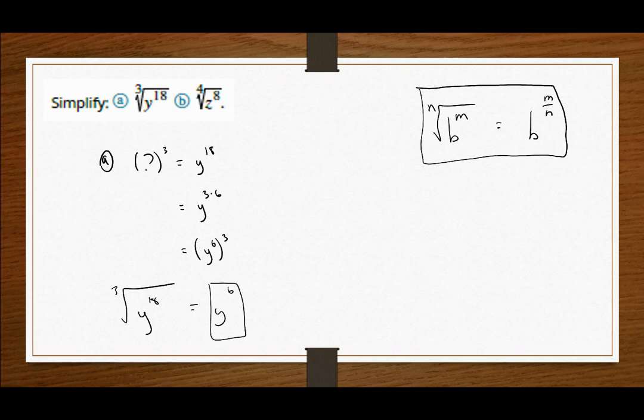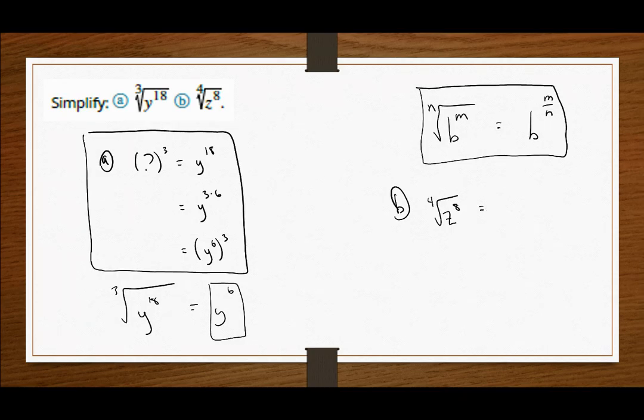Let's use this for my answer in part B. I'm asked to find the fourth root of z to the 8th power. I could go through the motions that we did in part A, reverse the exponent. However, I could also just write it in this form, 8 over 4, which reduces to 2.